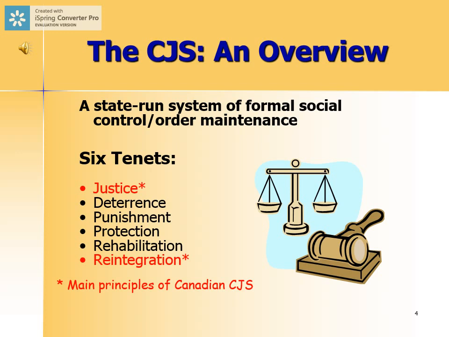And the second is more specific forms of deterrence, and that is putting measures into place to ensure that an accused, a defendant, does not commit a crime, or in particular does not commit a subsequent crime. So putting someone in jail is supposed to be a way to deter them from committing crimes in the future. So deterrence has both a general and a specific function in the criminal justice system.